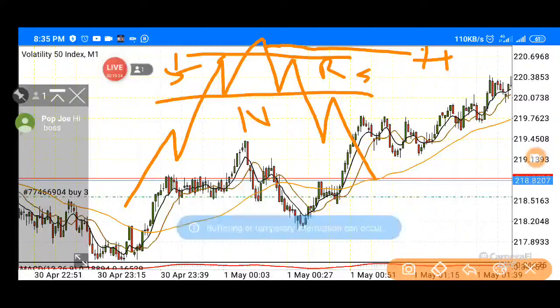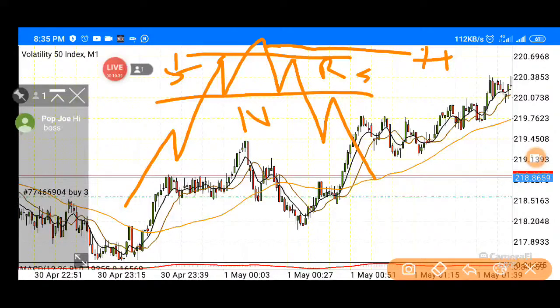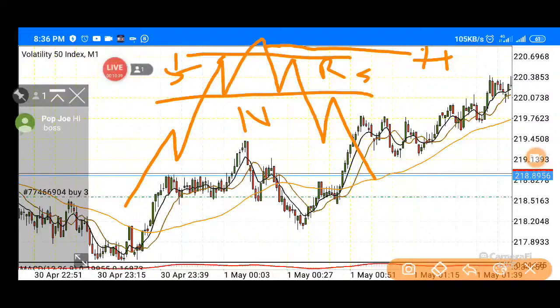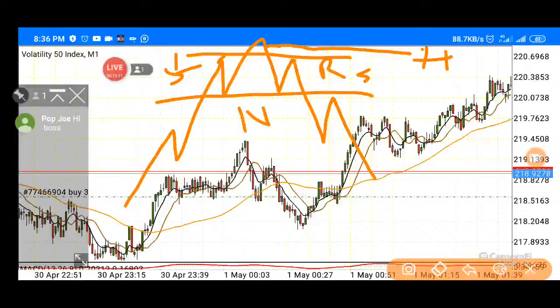So now, how to trade this pattern? We have three different ways to trade this pattern: the aggressive way, the less aggressive way, and the conservative way. The aggressive enters immediately there is a bounce on this resistance.